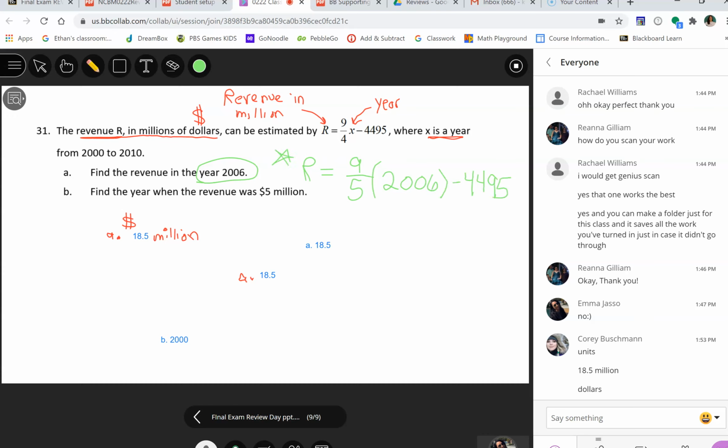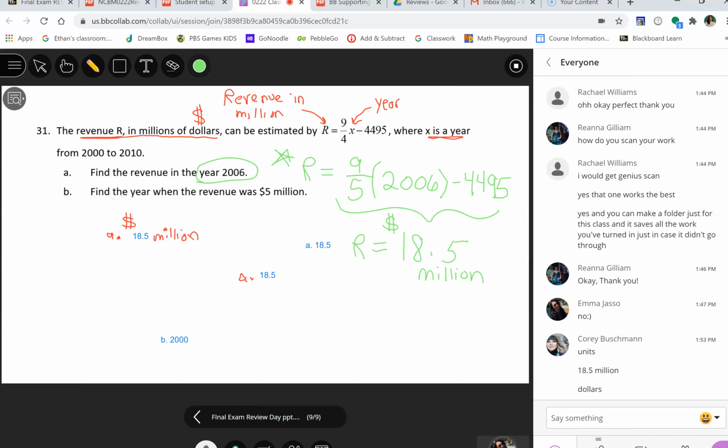Then you can type all that in on your calculator, and it's going to give you 18.5, but you need to enter the $ and the word million. You do not need to do PEMDAS. You don't need to show order of operations to get full credit, but I do need to see that you plugged in your X value, that you plugged in your year, and I do need to see units.